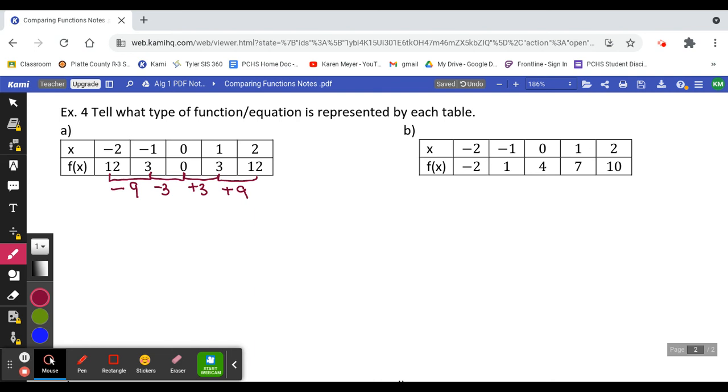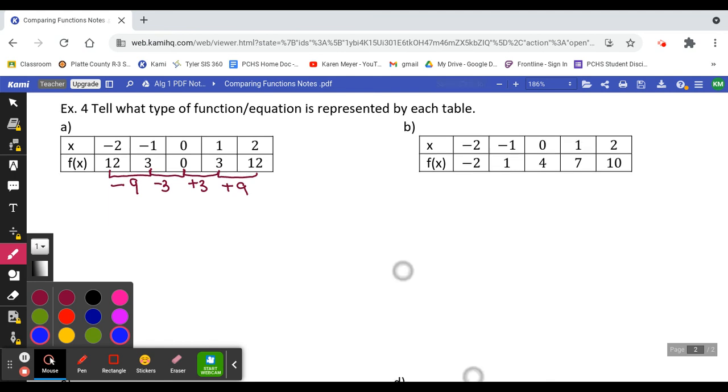Okay, if I was going to check exponential, I would go ahead and say, all right, let's do second y over first y. So 3 over 12. Then let's do third y over second y, which would be 0 over 3.